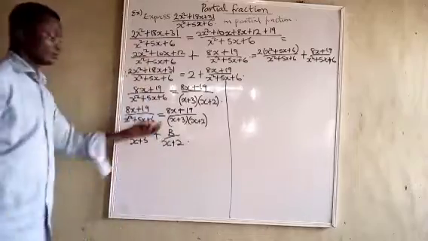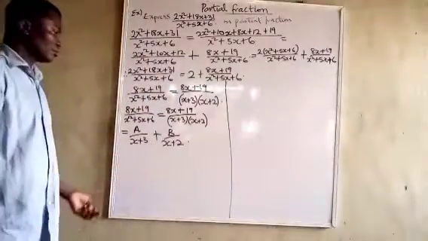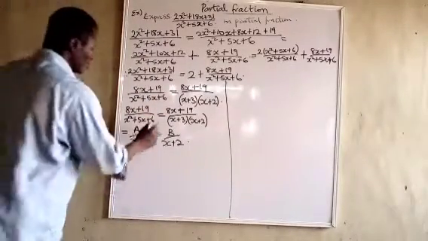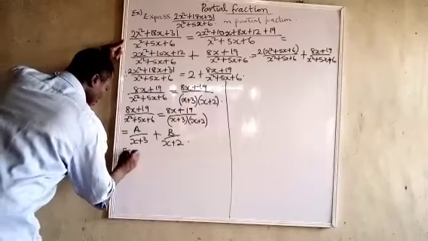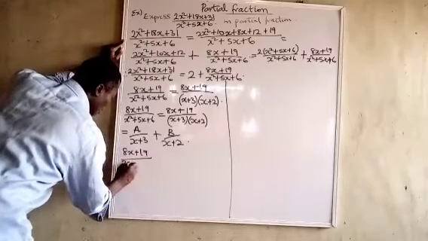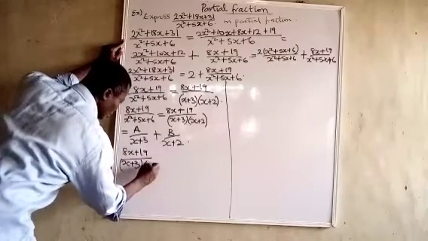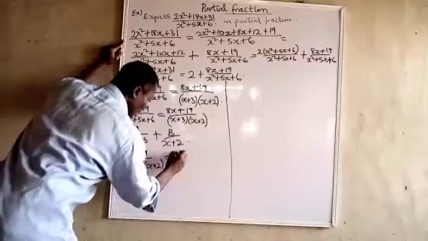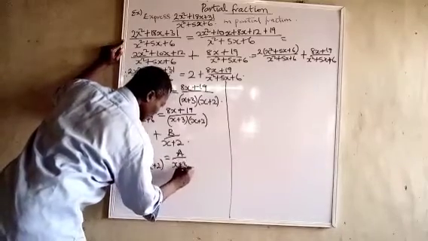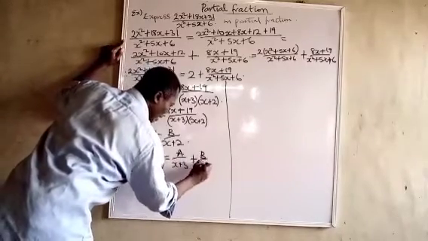So you can see, I'm just trying to derive this expression. Therefore, 8x plus 19 over x plus 3 into x plus 2 will be equal to a over x plus 3 plus b over x plus 2.